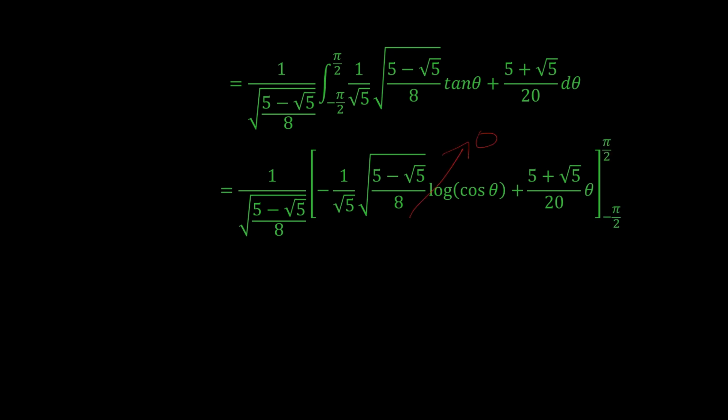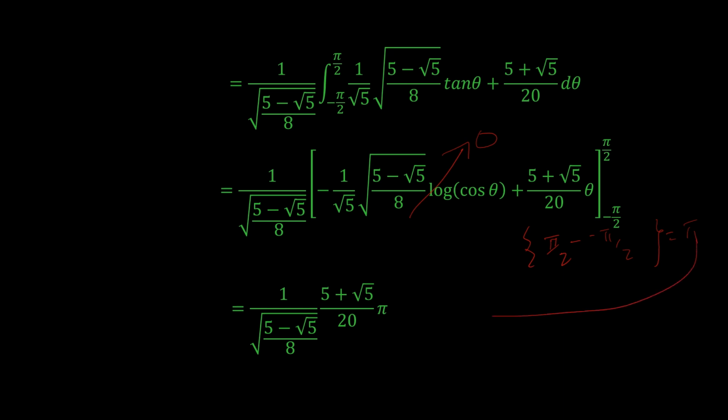And so we are left with 5 plus root 5 over 20 theta, which when you include the limits gives pi over 2 minus negative pi over 2, so this becomes pi, and then this constant. So we have 1 over square root of 5 minus root 5 over 8 times 5 plus square root of 5 over 20, and then this pi just comes here. So this constant comes from here. This comes from here right away.